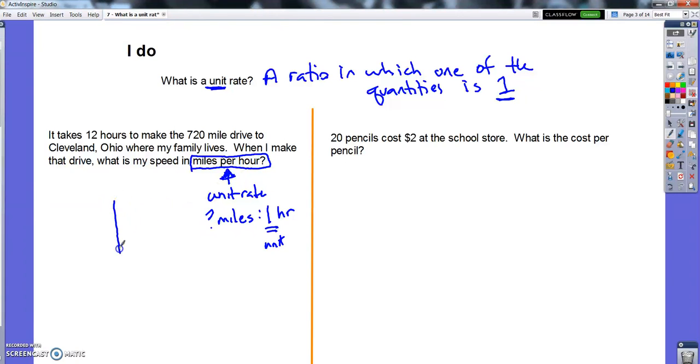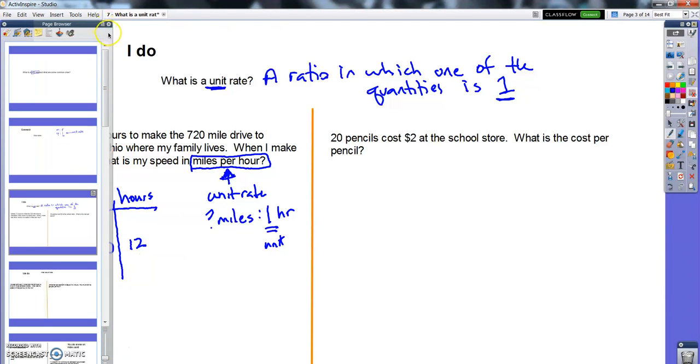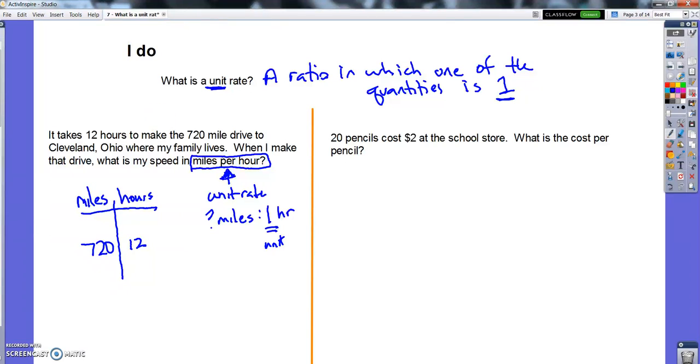I can think about my table here and say, okay, I've got miles and I've got hours. And the only value I'm given is that I do 720 miles in 12 hours. So what I really want to know is, if I were to continue this table, how many miles do I do in 1 hour?